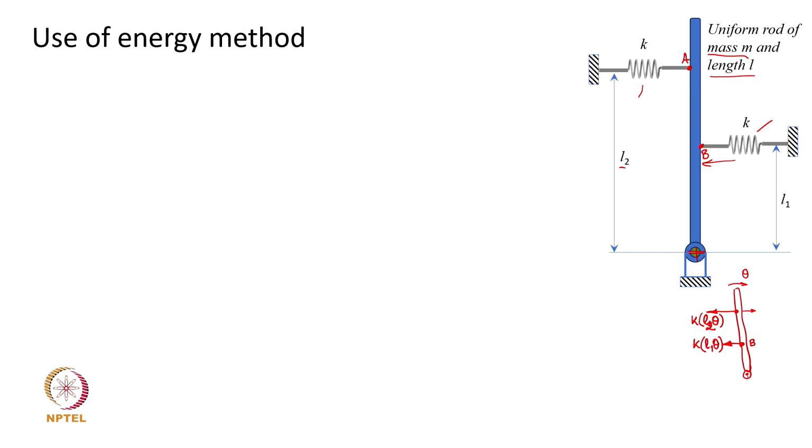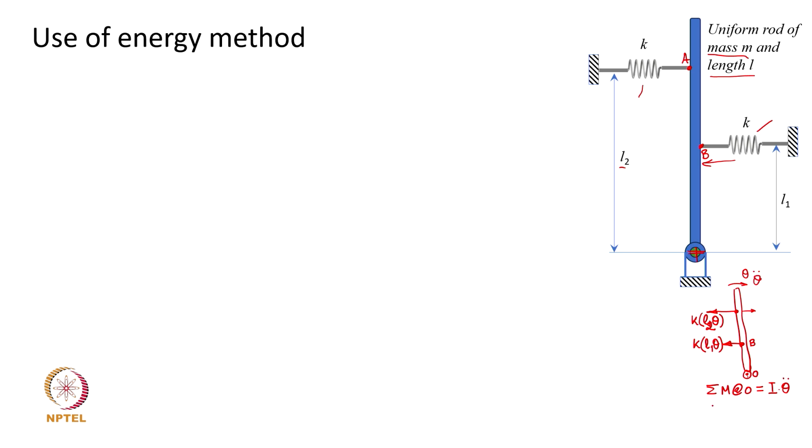So, if you now apply Newton's second law, the summation of all the moments about O, which is this point, is the inertia times the angular acceleration. Theta and theta dot are assumed clockwise positive.